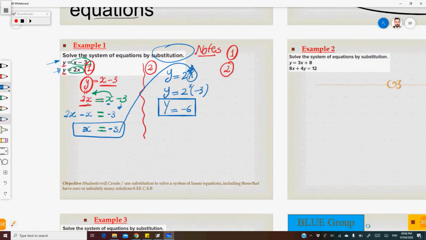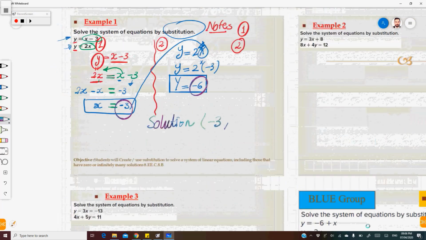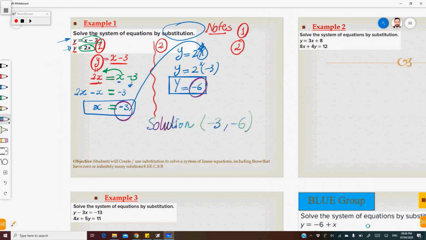Your solution is negative 3, negative 6. You have to write the value of x first, then the value of y. This is your solution for solving these equations.